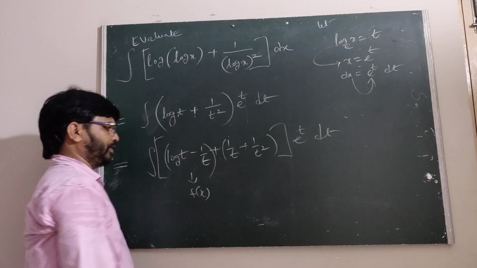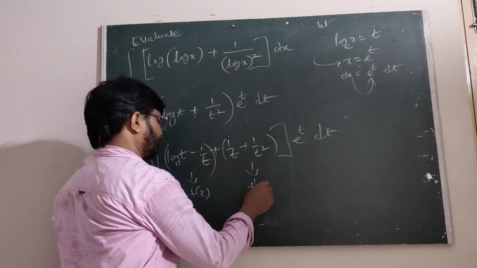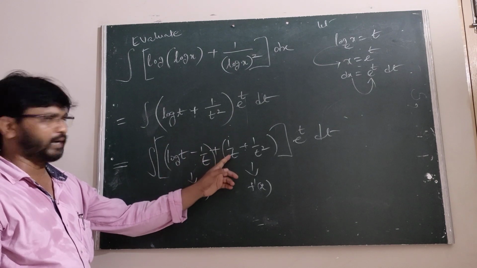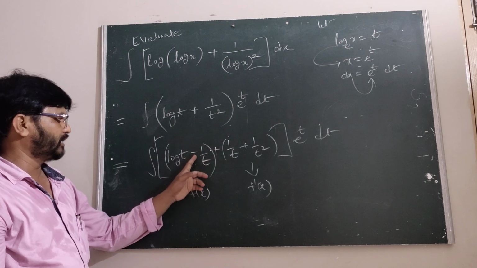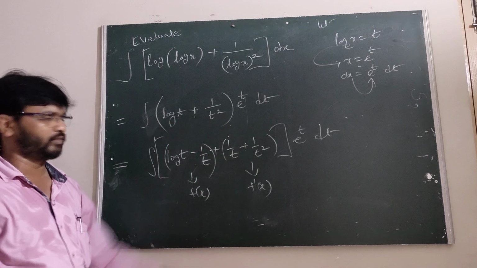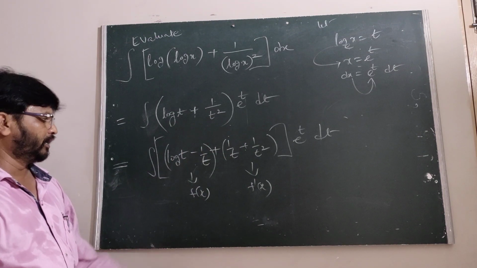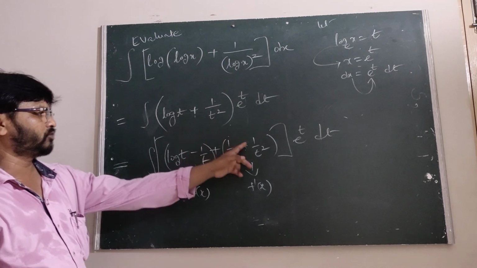This is f of x, and this is f dash of x. Since the derivative of log t is 1 by t, the derivative of minus 1 by t is plus 1 by t square. Is it clear?